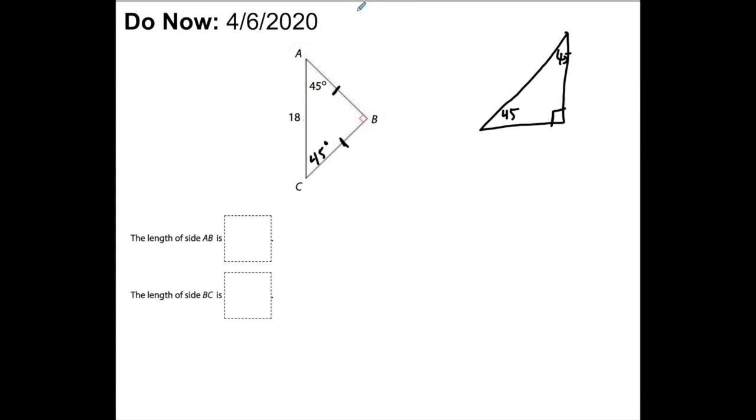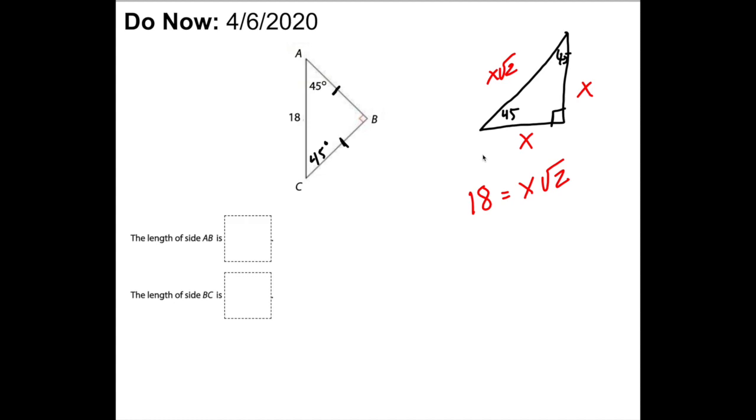We know that the side lengths are x, x, and x root 2. So what that means is that 18 is equal to x times the square root of 2. And I apologize for that notification. So in any case, 18 is your x root 2.